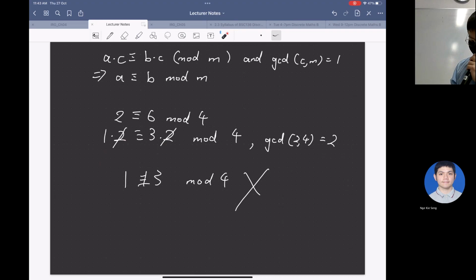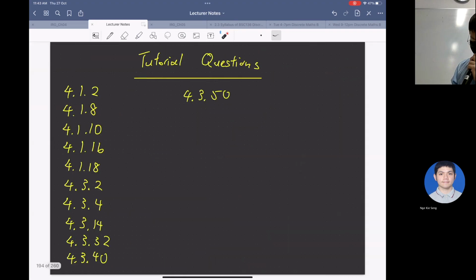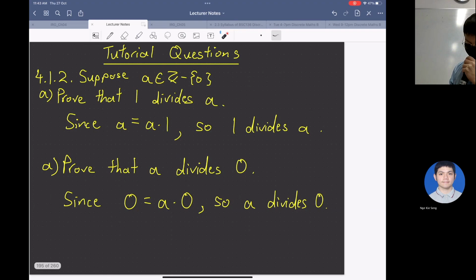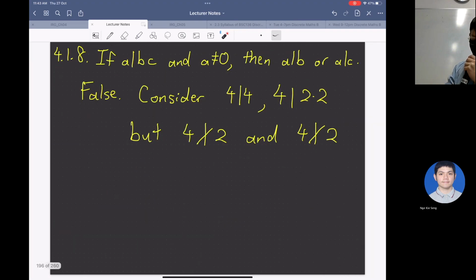Okay, so let's discuss the tutorial questions a bit. I'll just run through them. Prove that 1 divides a divides 0. So you just need to write a and 0 as a multiple of 1 and a respectively. 4.1.8, this one is a bit trickier.